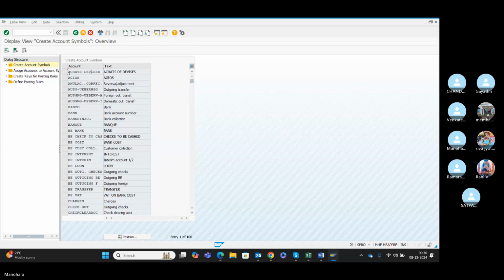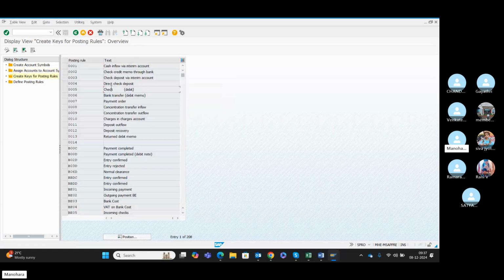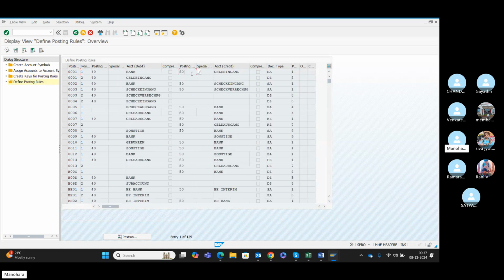Inside, there are four configurations. One is create accounts and accounting symbols, second is assign accounting symbols, third is create company code, and define posting rules. So how are posting rules happening? This is the main page.